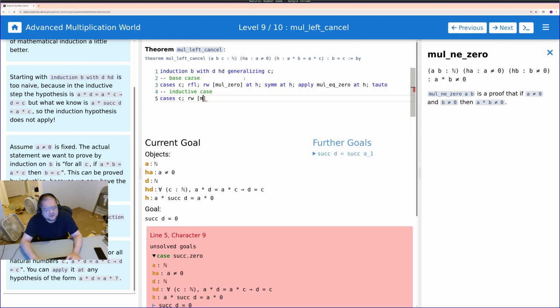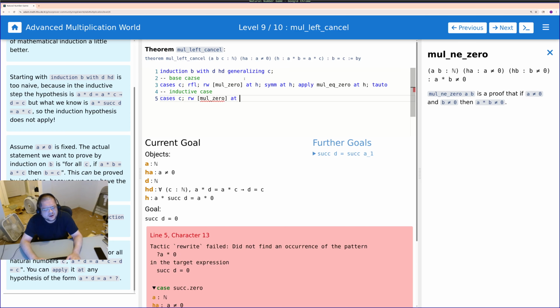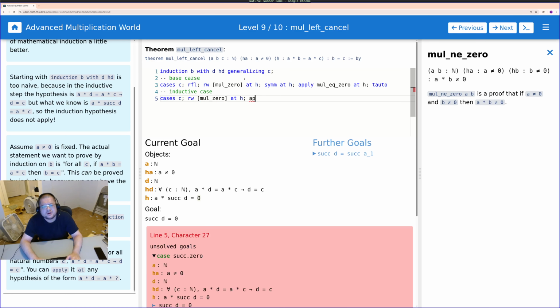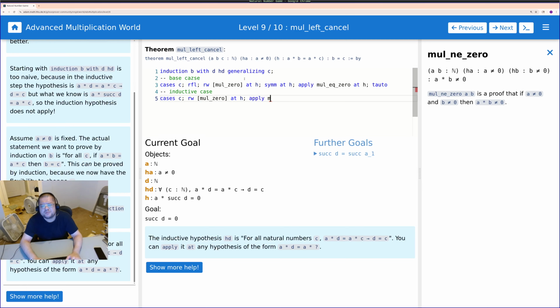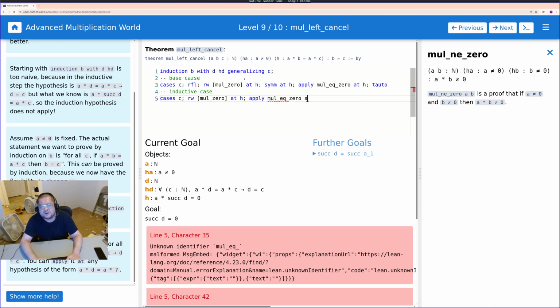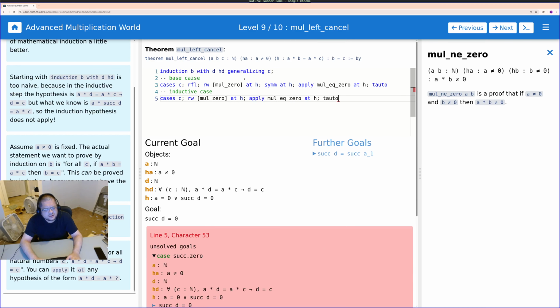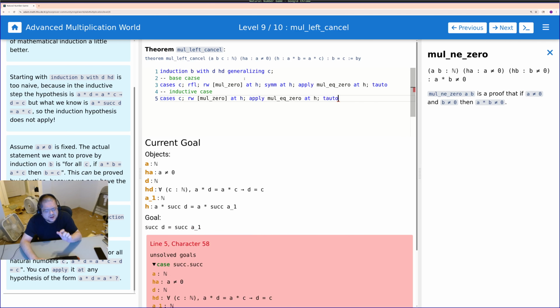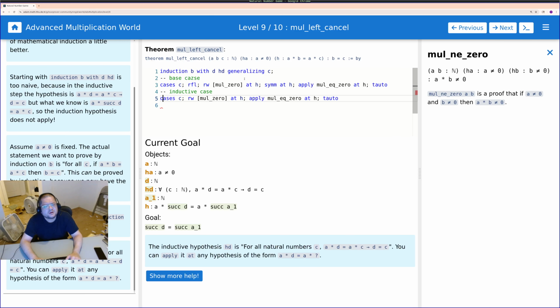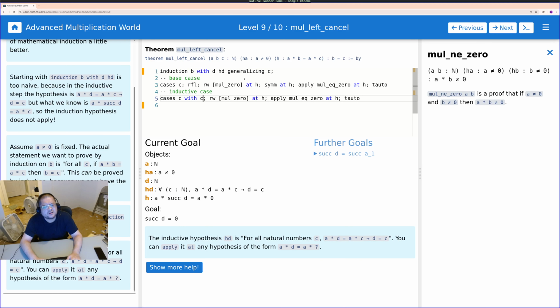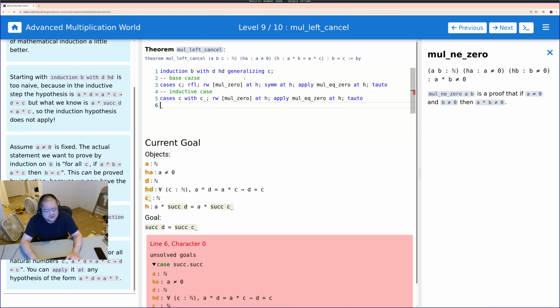Let's see, rewrite multiplied by 0 at h, apply mul equals 0 at h again. Okay. Alright. So we're now going to make a claim.